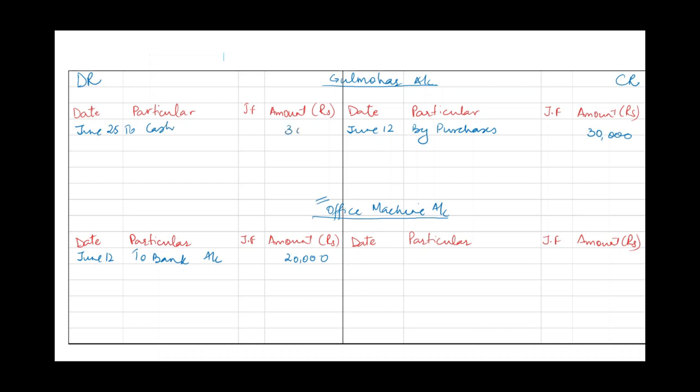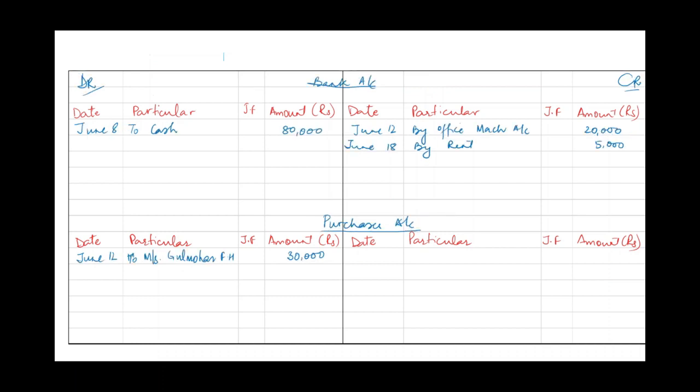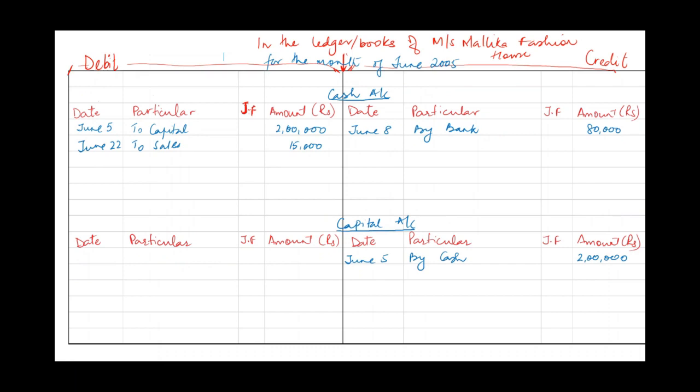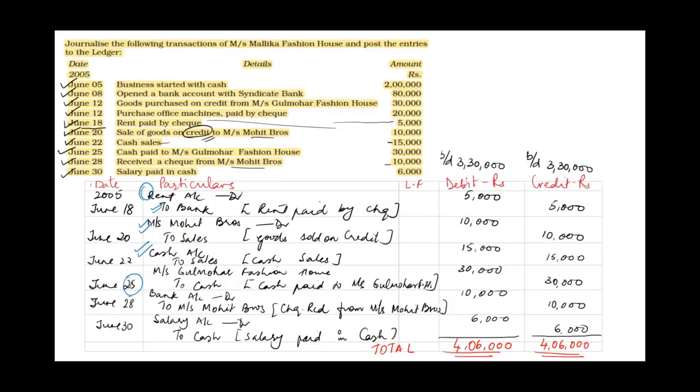Amount is 30,000. And I pay cash on June 25th by Mrs. Gulmohar Fashion House. Okay guys, this amount is 30,000. So with this I move to the next one.